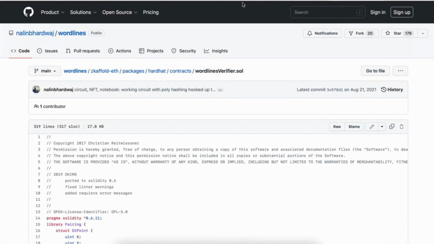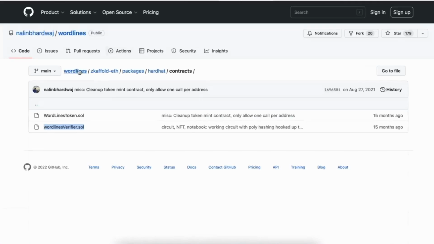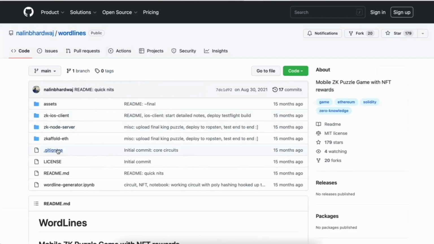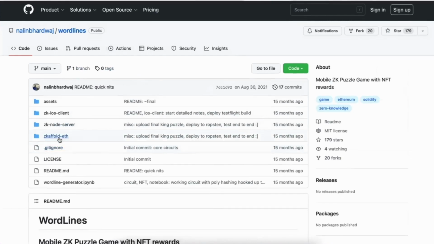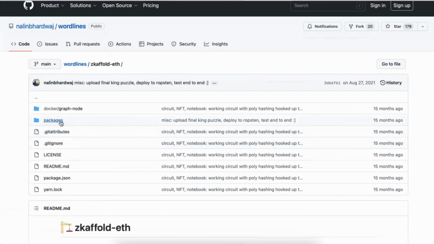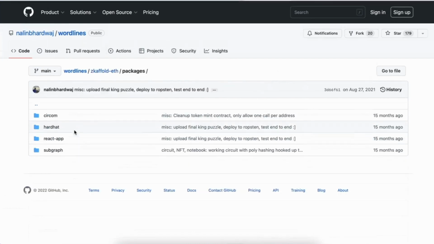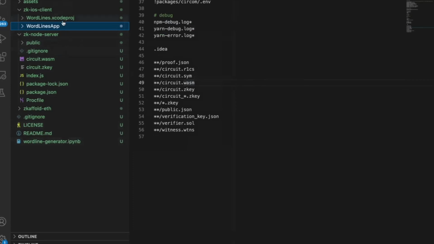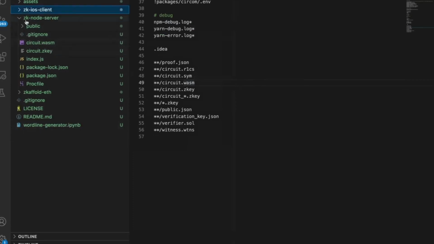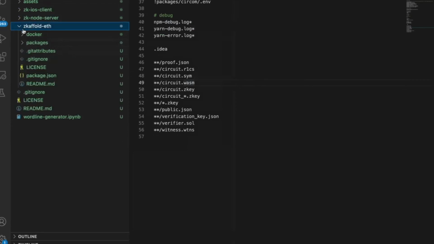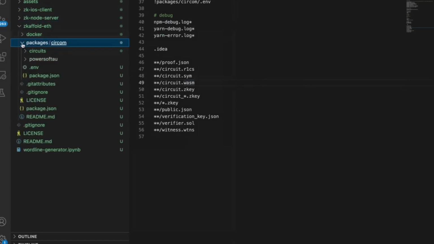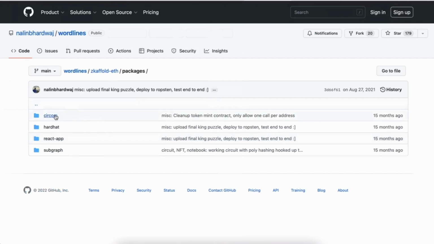It might be on GitHub, but if it's not, I just want to see what it is that they get ignored, what they call the file. Sorry, the powers of tau was in node server? No, it was in packages, circom. Okay.